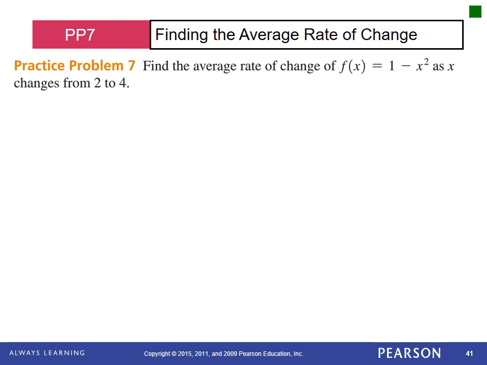So practice problem number 7. Can you find the average rate of change of f of x equals 1 minus x squared as it goes from 2 to 4?